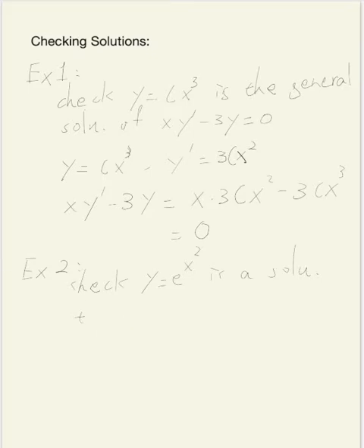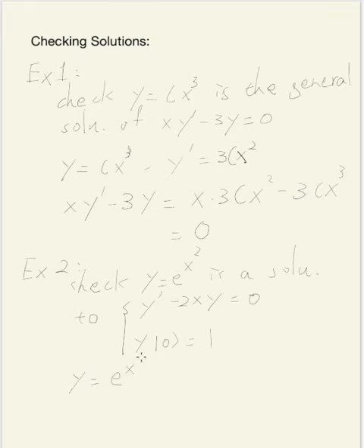An equation with an initial condition is what we call an initial value problem. Okay, y prime minus 2xy equals 0, and y of 0 equals 1. Again, we first calculate y prime.